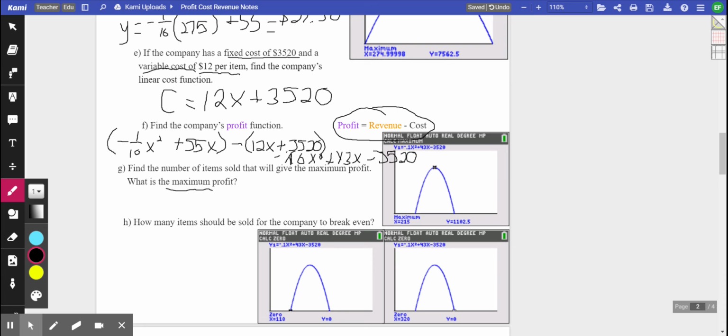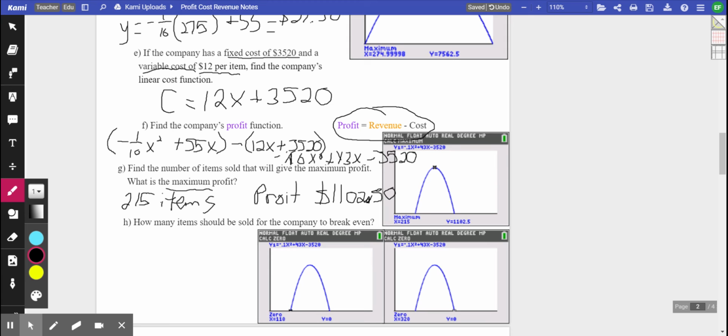So 215 represents the number of items sold. We have to sell 215 items to maximize profit at $1,102.50.